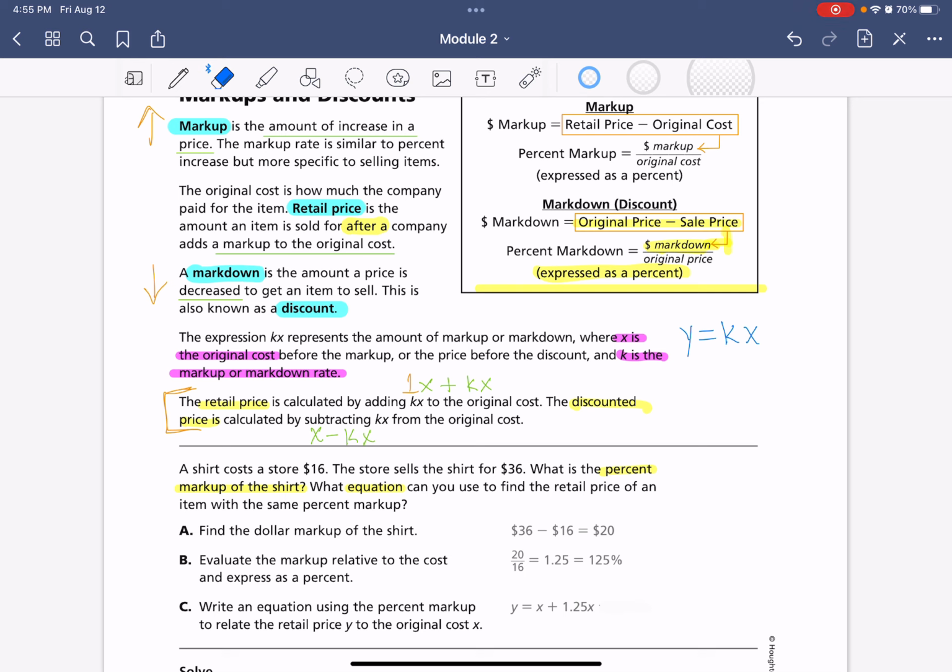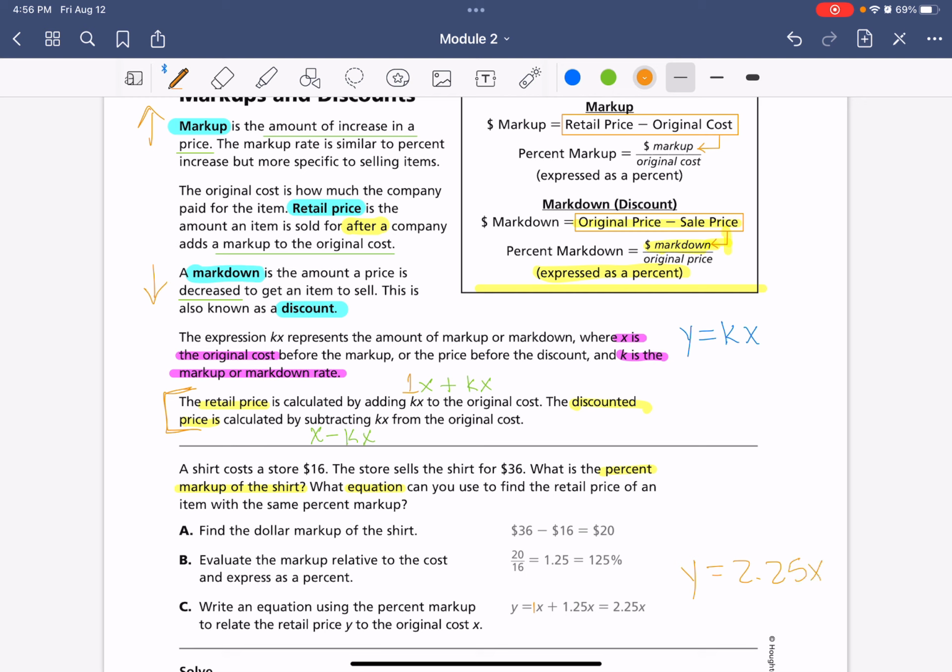We're going to add our original plus our markup. And we add those together. Our coefficient here, if nothing is written in front of our x, it's a 1. A 1x plus 1.25x will equal 2.25x, 2 25/100ths x.